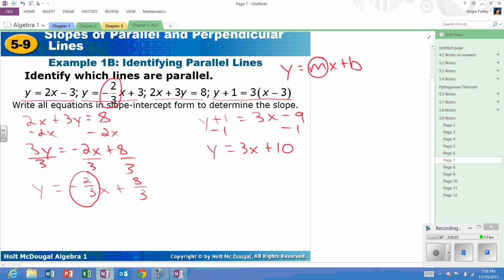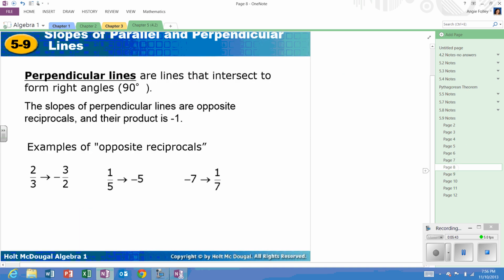Therefore, those lines are parallel. This other line we solved for has a slope of 3. This over here has a slope of 2, so they are not parallel. So the only parallel lines are this one right here and this one right here. Again, we can only compare slopes if they're in slope-intercept form, or y equals mx plus b.